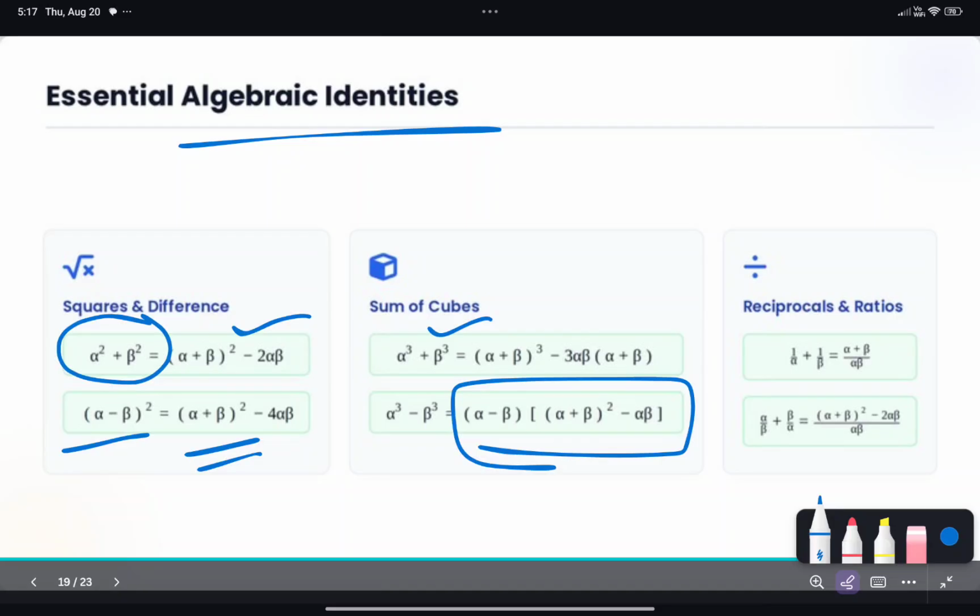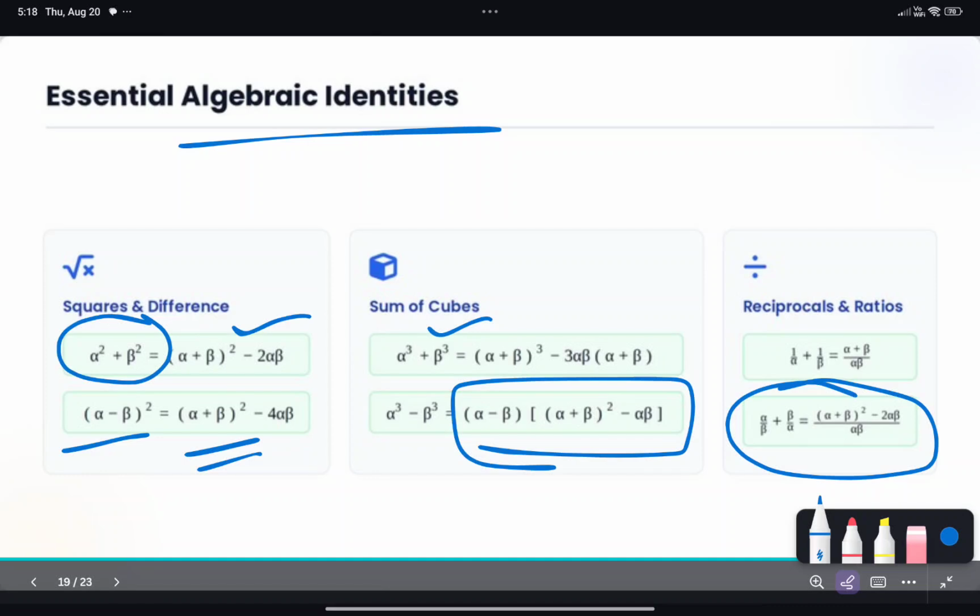Okay. Reciprocals and ratios. 1 by alpha plus 1 by beta, after LCM, alpha plus beta by alpha beta. Simple. Clear? Reciprocals and ratios. This one: alpha by beta plus beta by alpha. At that time, alpha plus beta whole square minus 2 alpha beta by alpha beta.